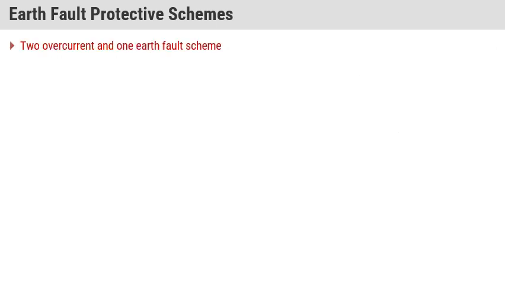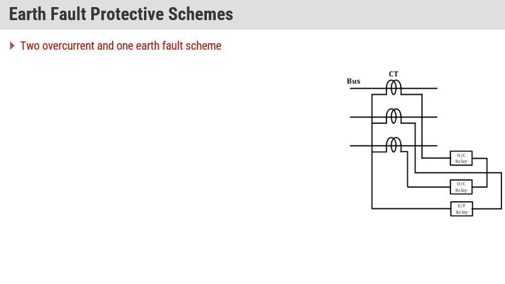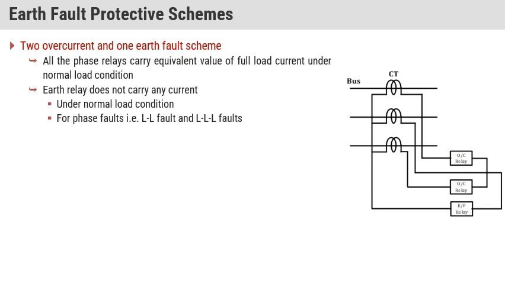Now the two overcurrent and one earth fault scheme. When this scheme is used, all the phase relays carry an equivalent value of full load current under normal load condition. The earth fault relay does not carry any current under normal load condition. For phase faults, double L and triple L faults, the earth relay does not have any current.